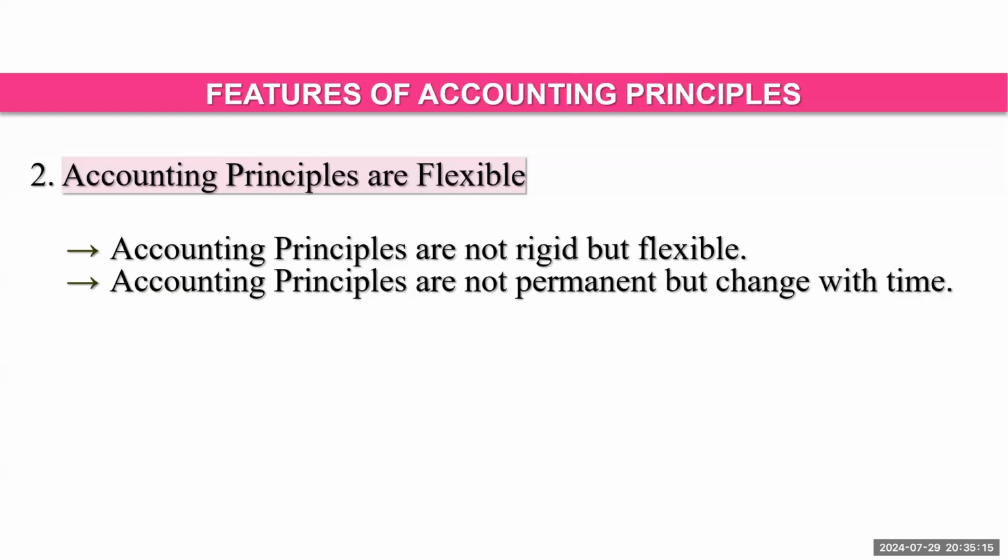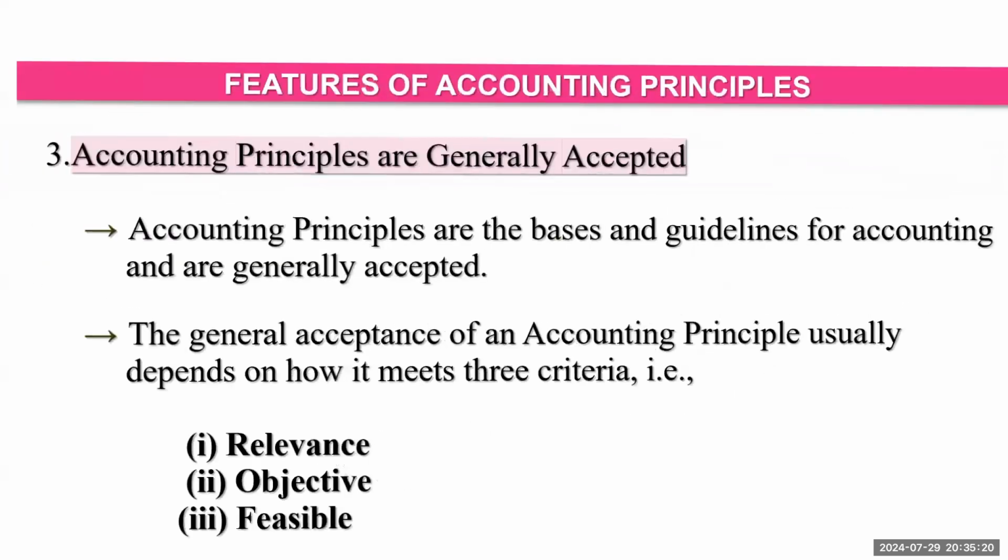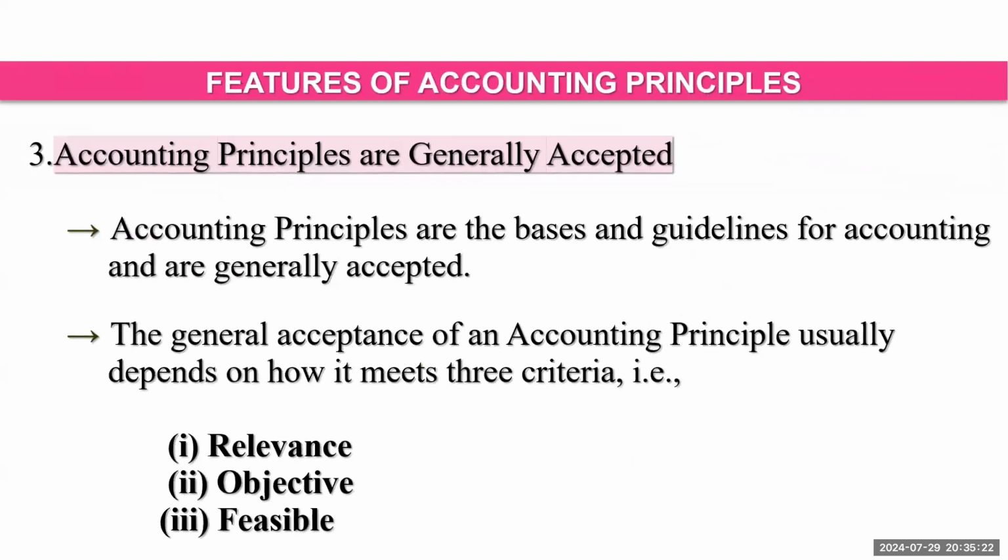The third feature of these accounting principles is that they are generally accepted. They are accepted by everyone involved with accounting. So the first line says, accounting principles are the basis and guidelines for accounting and are generally accepted by everyone.